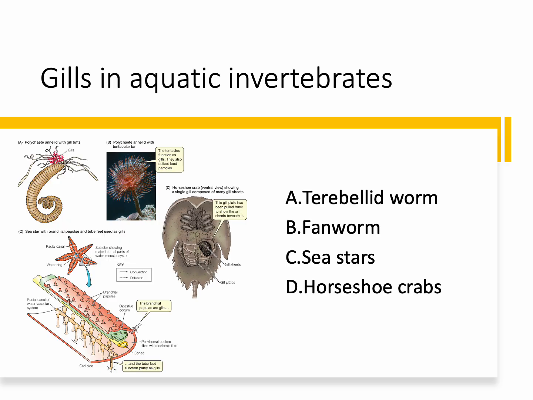The fan worm is another type of annelid. It lives in a tube, but when it's not being disturbed, it'll put these tentacles out into the ambient water. And those tentacles are used for both feeding and gas exchange.